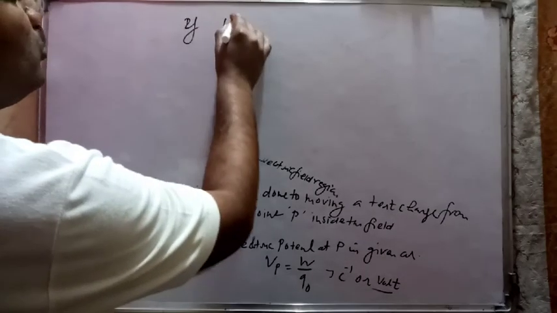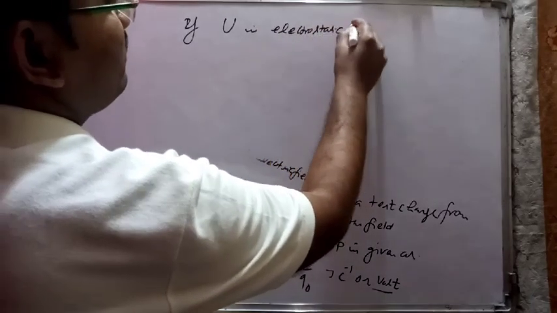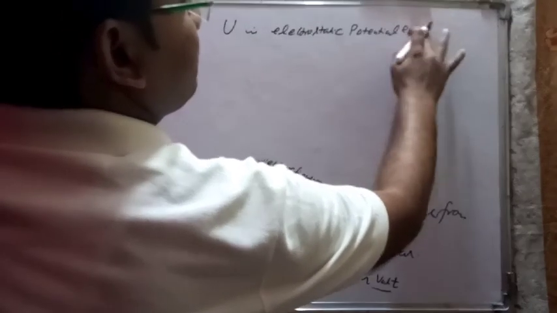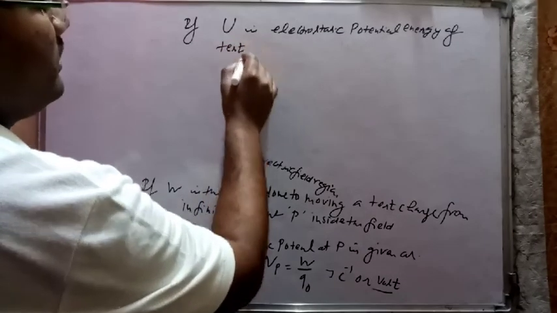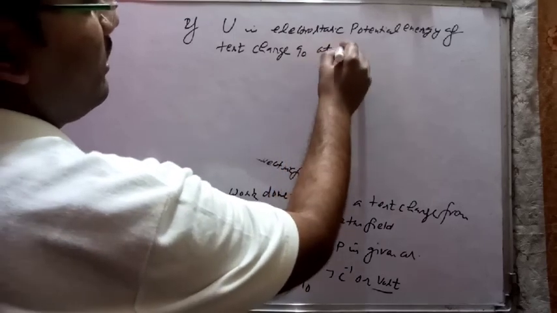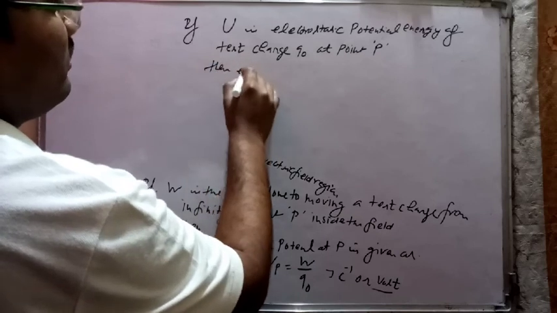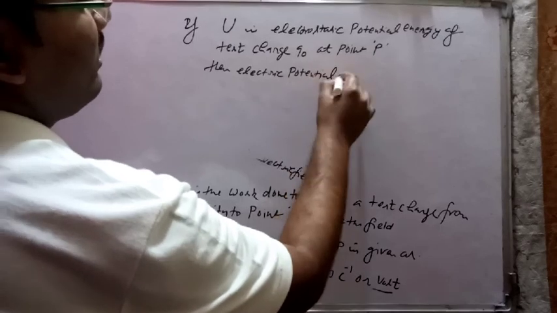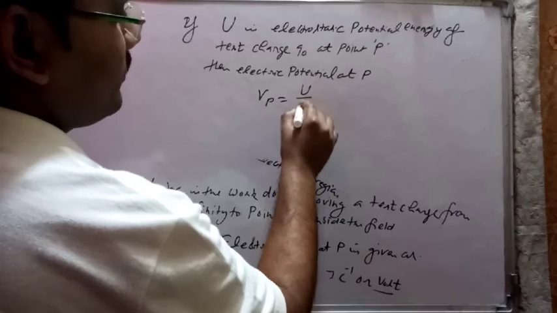If U is the electrostatic potential energy of test charge Q naught at a point P, then electric potential at P, Vp is equal to U by Q naught.